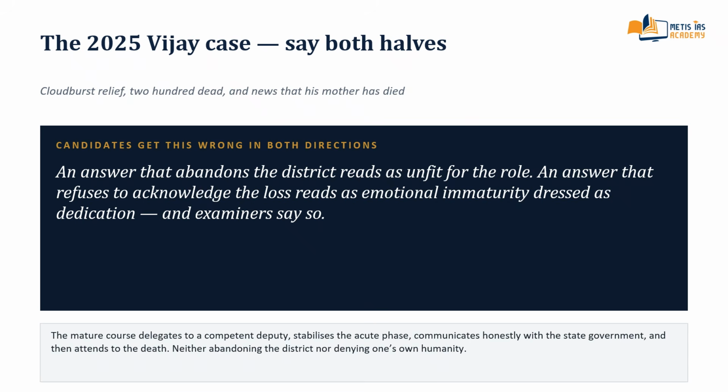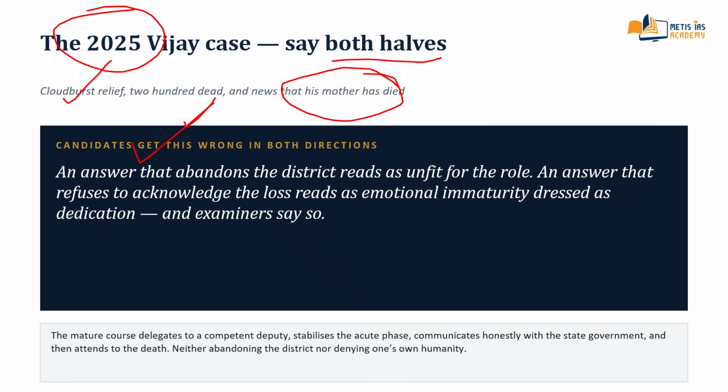So what we discussed so far in these cases, the 2025 Vijay case: cloudburst relief, 200 dead, and news that his mother has died. We have to work on both halves. Candidates get this wrong in both directions. An answer that abandons the district reads as unfit for the role.